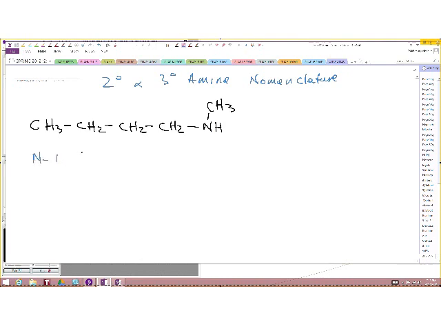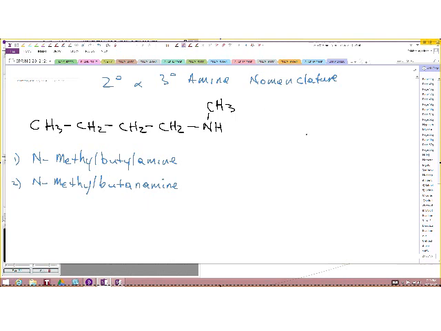So that becomes N-methyl, then you give the base name, in this case butylamine. Or if you want to use the other type of nomenclature, you could simply say N-methyl butanamine. Remove the E ending. So you could also do that.